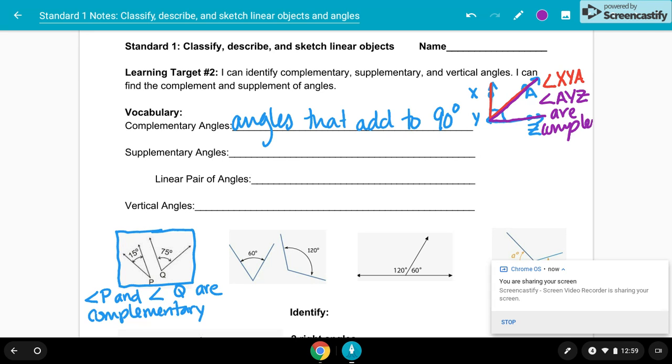You get the idea. Because they also add up. If you were to add this plus this, you would get 90 degrees.